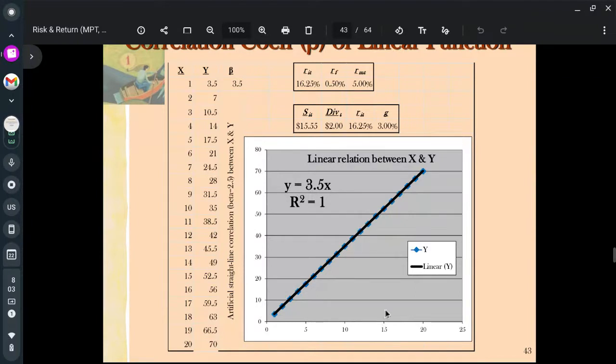What does that mean? When X moves by 1, Y moves by 3.5. So when X is 1, Y is 3.5. X is 2, Y is 7. If X is 5, Y should be 16.5, right?